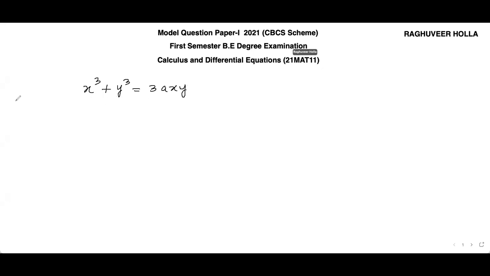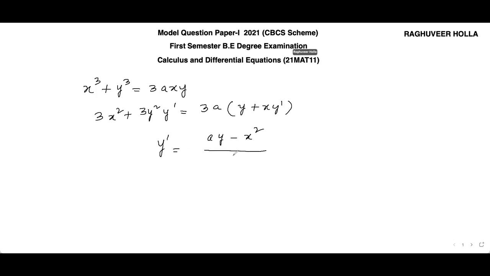Okay, differentiating with respect to x, we get 3x square plus 3y square y dash, which is equal to 3 into a, this will be y plus x y dash. Okay. Now, getting the terms, that is, I require y dash. Okay, after simplifying it, we get ay minus x square divided by y square minus ax.